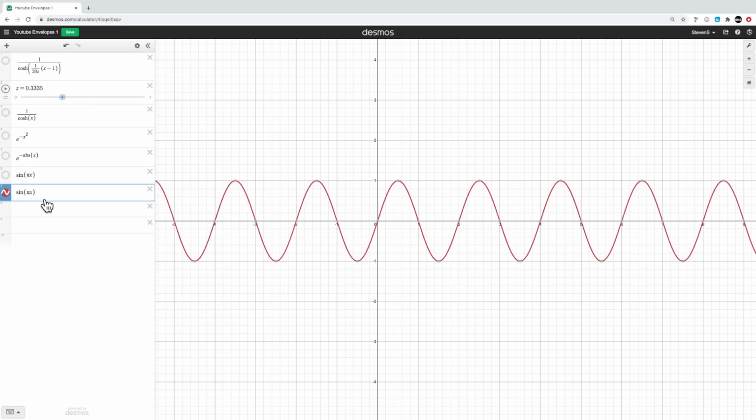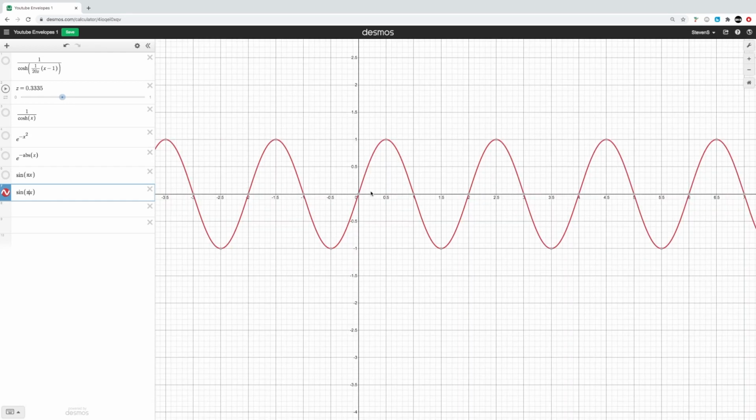Maybe some of you have heard of pi, like a circle. It has 360 degrees, and 2 pi is a full rotation. I don't know if you remember that from class.